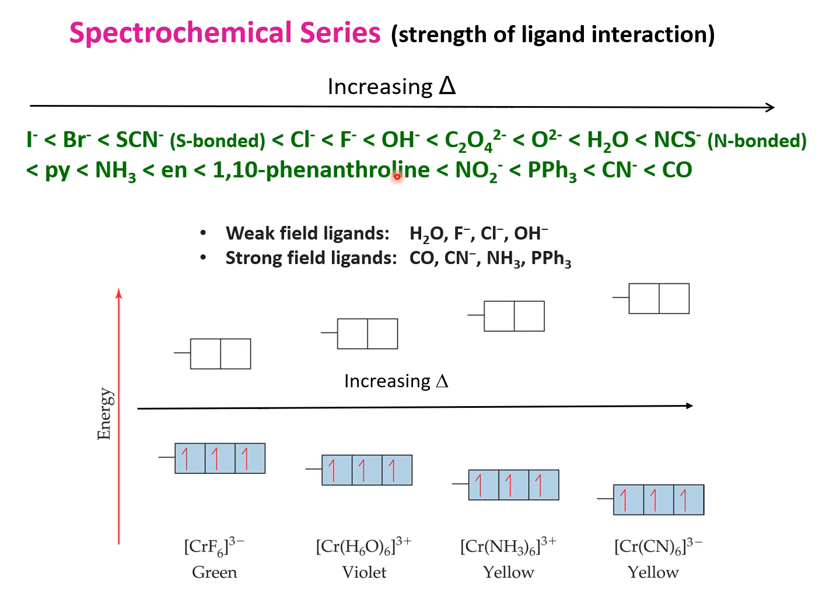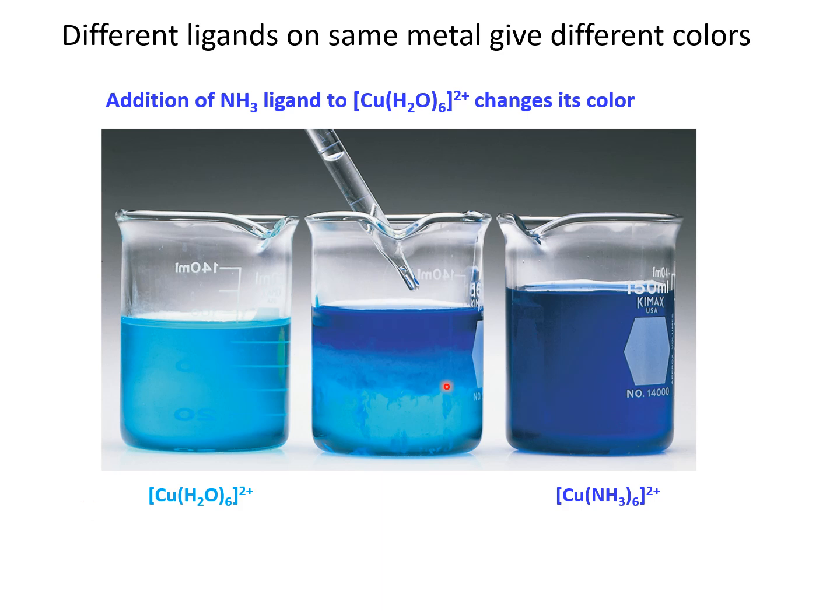Whatever ligands you have on the left hand side are termed weak field ligands, whereas strong field ligands include carbonyl, cyano, amine, triphenylphosphine, and so on. So different ligands on the same metal give different colors. Addition of amine ligand to Cu(H2O)6 2 plus changes its color. You can see the difference. The blue color becomes intense.